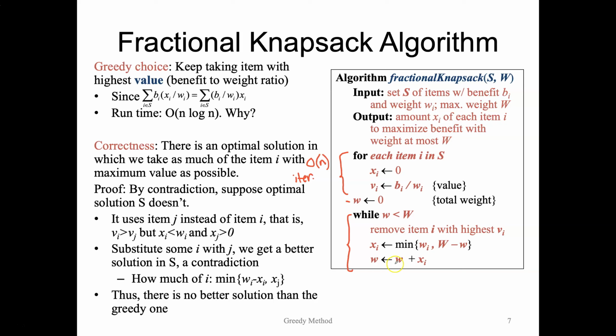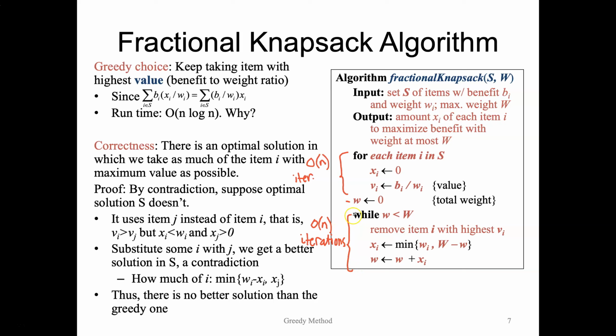But in the worst case, because remember, we're always going to evaluate in the worst case, how many times would we go through this while loop? We can't possibly take more items than what we have to work with. So maybe we only end up taking a few of them and they fill up our backpack already, but in the worst case, we're going to go through each of the n items that we have. So in that case, we have big O of n iterations.